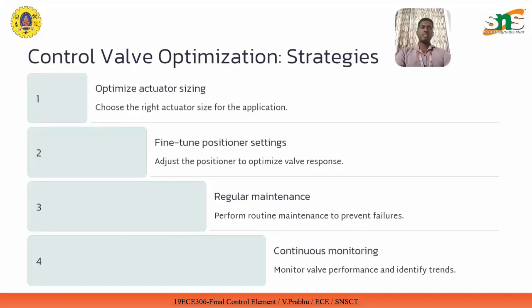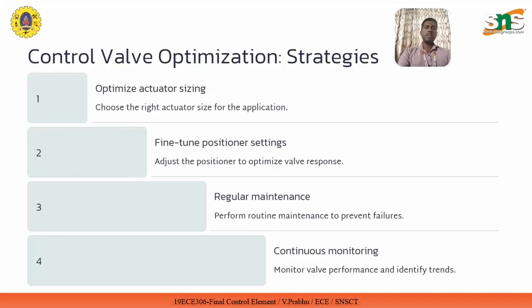The first thing is optimizing the size of the actuator, choosing the right actuator size for the given application. If we need to handle regulation of fluids with high pressures, then we need a large actuator size. That is the first step, choosing the right actuator size for a given process parameter.